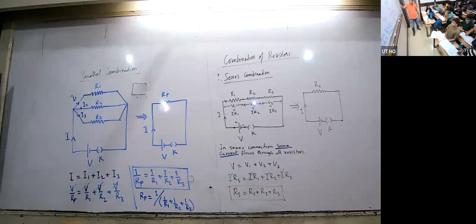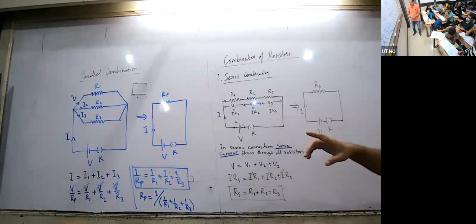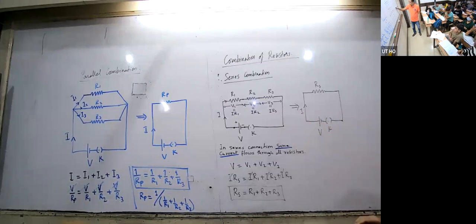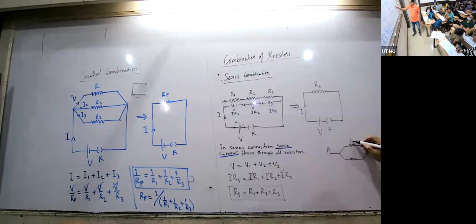So we have seen the series combination and the parallel combination separately. There could be a situation where you have both combinations together. So let us say we have this circuit. Tell me what is the total resistance between A and B? All resistances are 1 ohm.